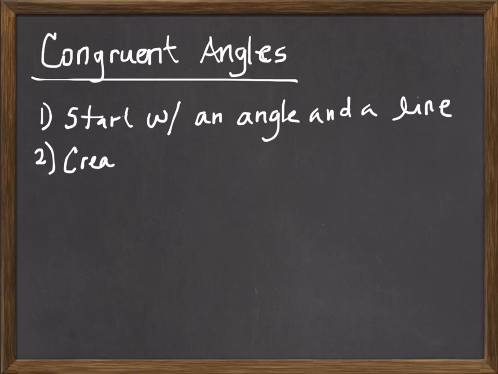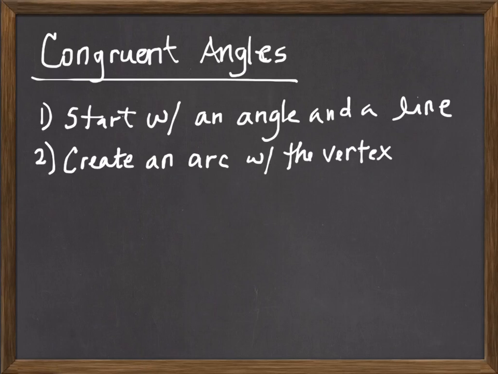So we created, I'm writing this present tense, so create an arc with the vertex, and it's supposed to cross both rays.